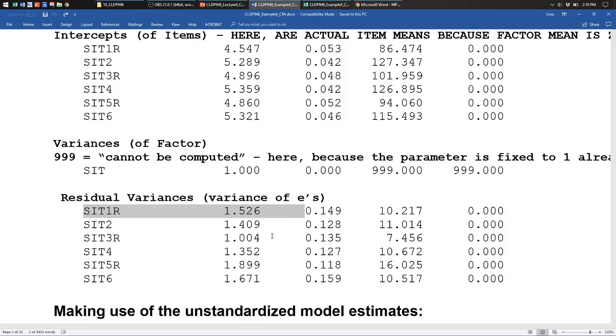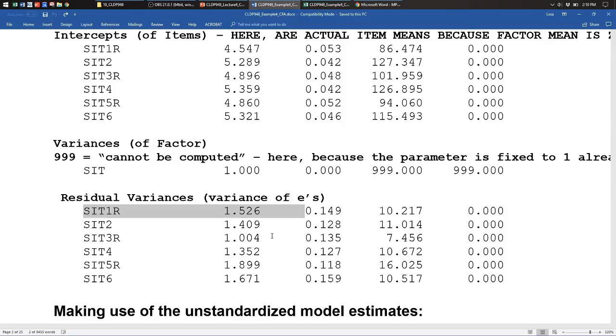So every item is part factor and part not the factor, right? The part factor is what the model is focusing on. It estimates loadings that create that much of it. But we know in the data what the true variance has to be. So we have two knowns and one unknown.